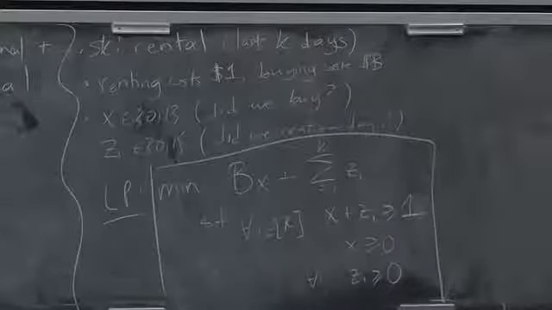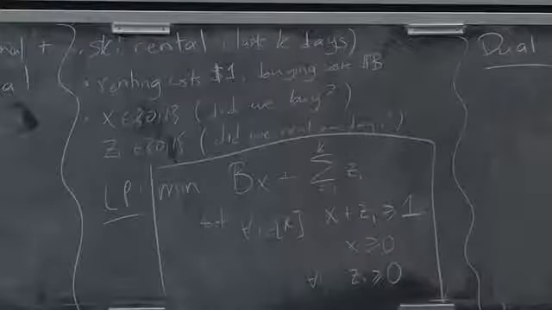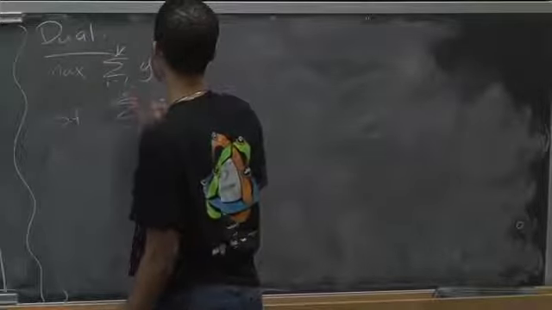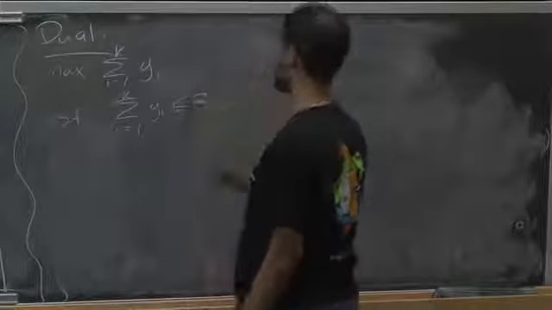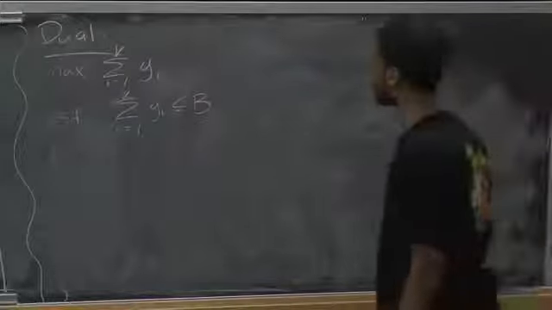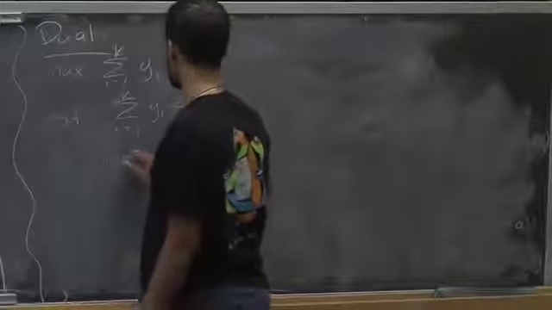And the dual. As we saw, there's a mechanical way of converting the primal to the dual. The right-hand side becomes the cost, and the A gets transposed, etc. I'll just do it for you. You want to maximize the sum, i from 1 to k, of yi, subject to the sum from i equals 1 to k of yi being at most B, and y bigger than or equal to 0.